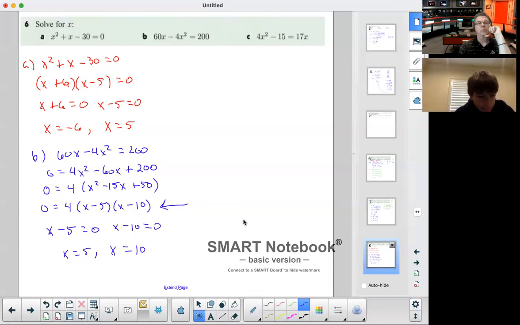So did you have, what? You had negative 4x squared plus 60x minus 200 and you worked with that? Yes. Is that what you did? Okay, so we got 2 things here. One, make the squared term positive.